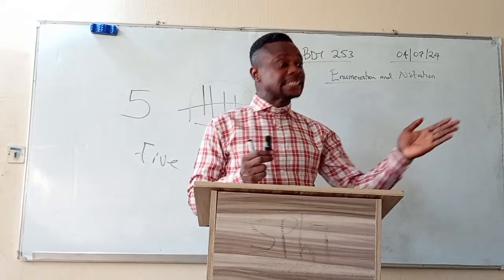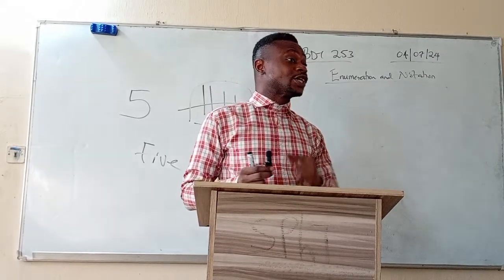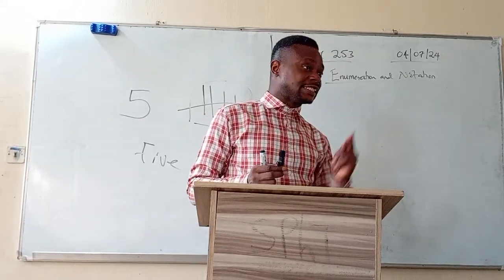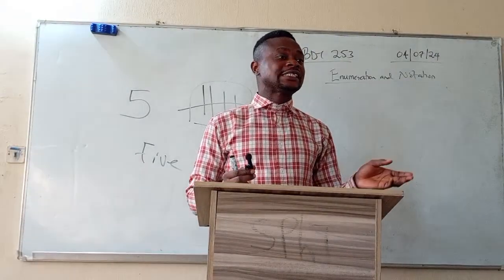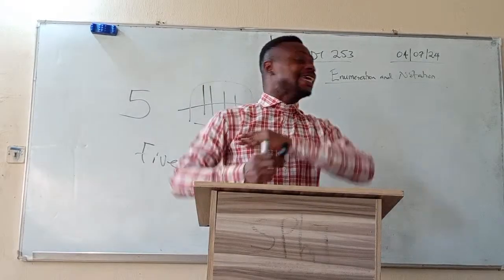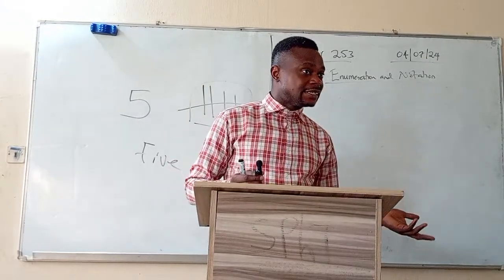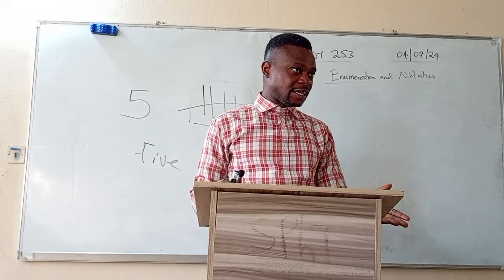Order. Once you list or count in a particular order, is what? Enumeration. You are enumerating. If you just count or list anyhow, in a scattered order, no particular order, you are not enumerating. Am I communicating? You are not enumerating.